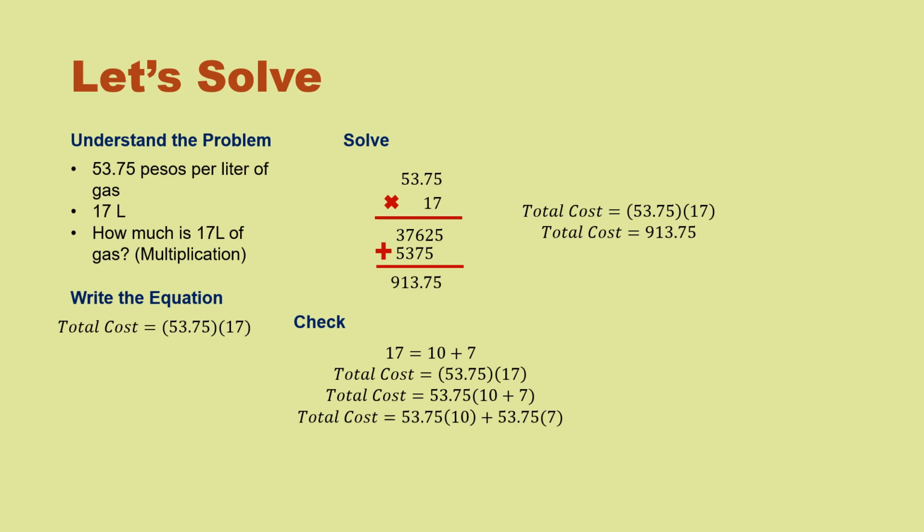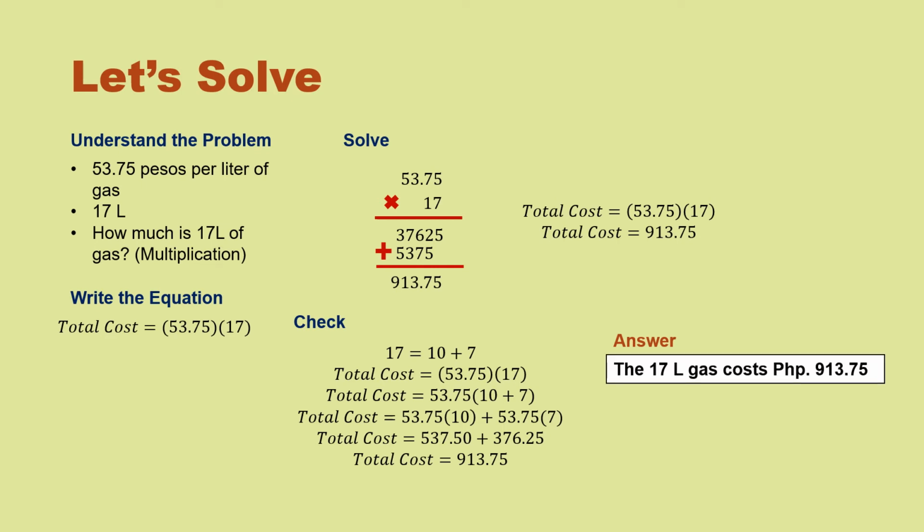Distributing that, 53.75 times 10 plus 53.75 times 7. Therefore, you have 537.50 plus 376.25. Therefore, the answer is still the same, 913.75. So we need to write our answer to the question, how much is 17 liters of gas? Therefore, the 17 liters of gas cost 913.75 pesos.